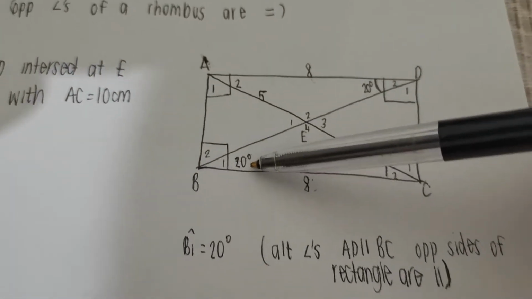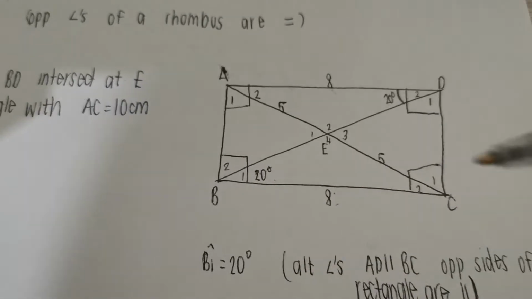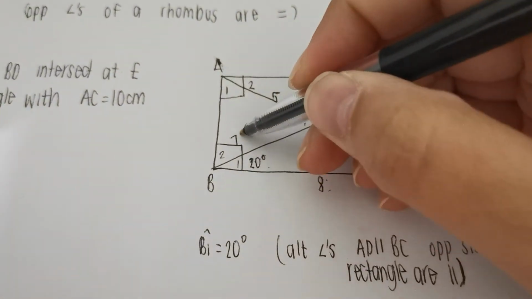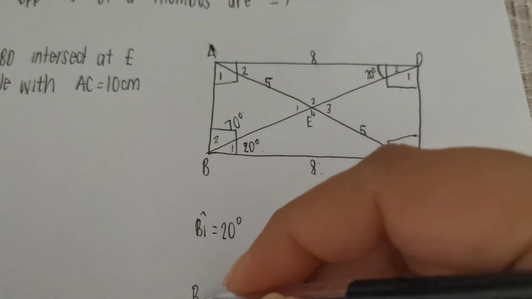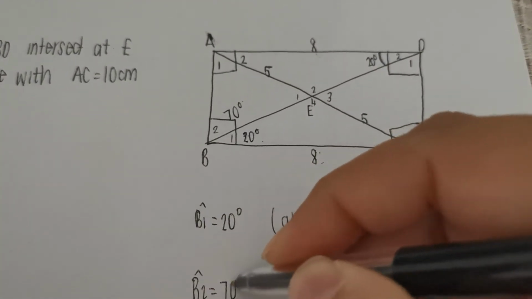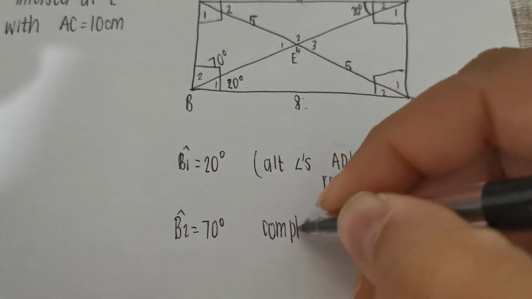Now that I know that this one here is 20 degrees, because this whole angle is 90 degrees, I can figure out that B2 is actually 70 degrees. So let's write that part down. B2 is equal to 70 degrees, complementary angles.